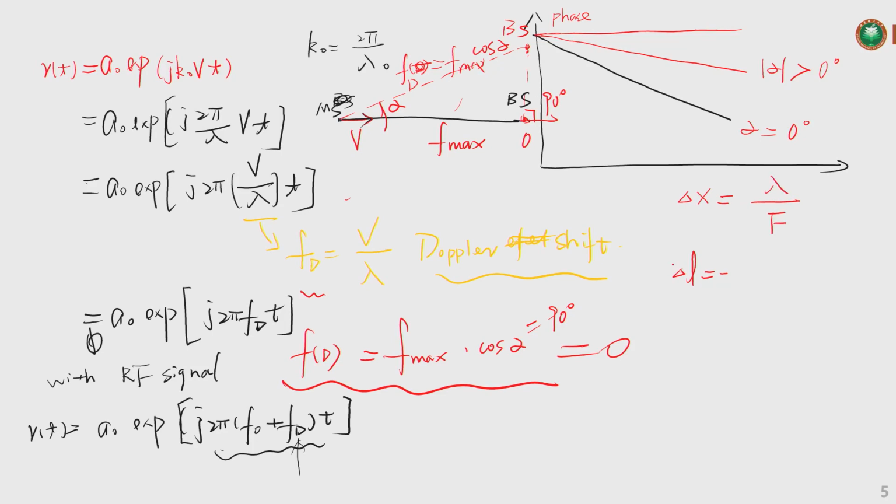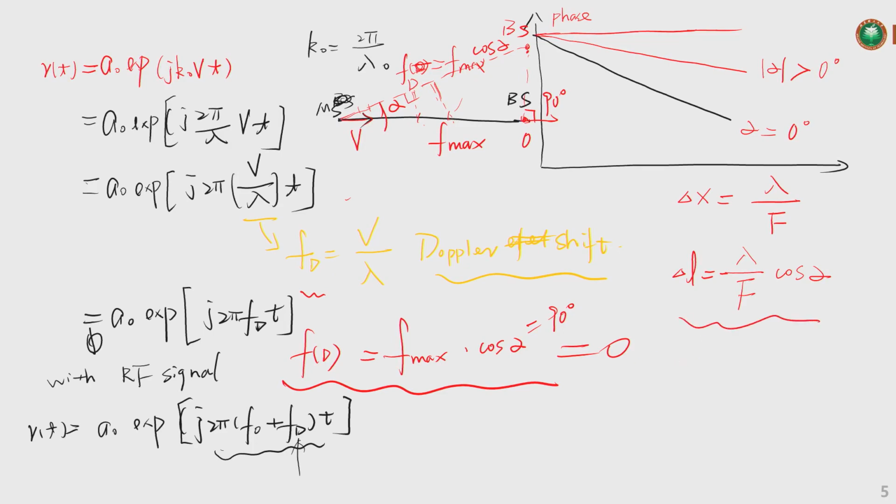Now, because of the conditions, we should consider its movement towards the base station. So there is a shadow on that, right? It becomes lambda over f times cosine alpha also, the shadow onto it.